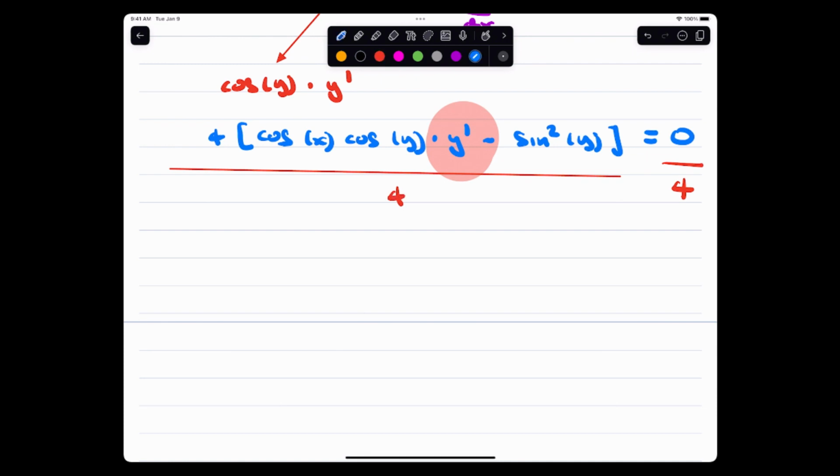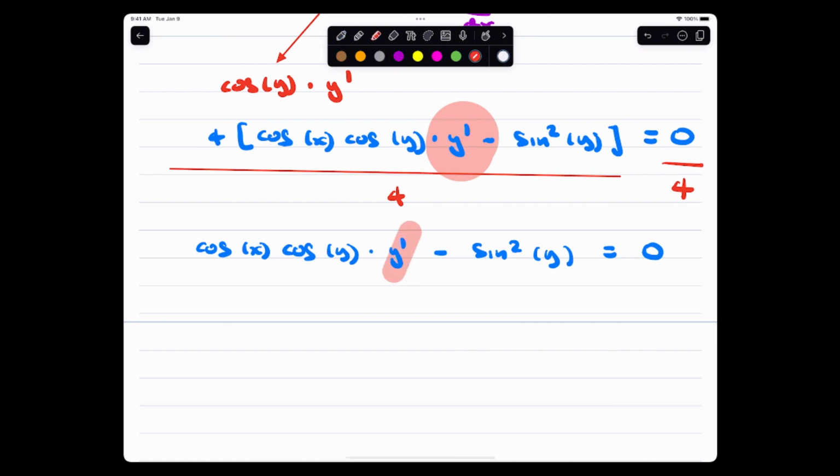And what that actually means is cosine x, cosine y times y prime minus sine squared y. What's 0 divided by 4? It's 0. And this is a lot easier to solve for what? y prime.